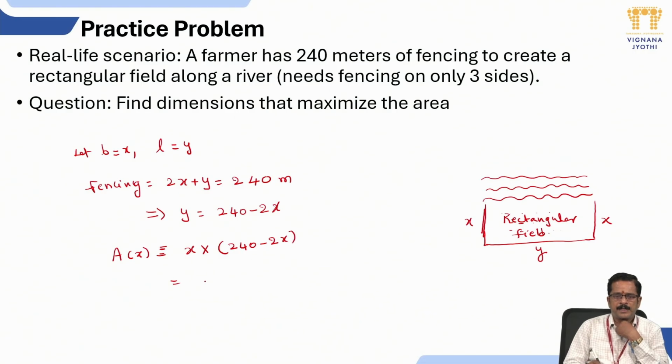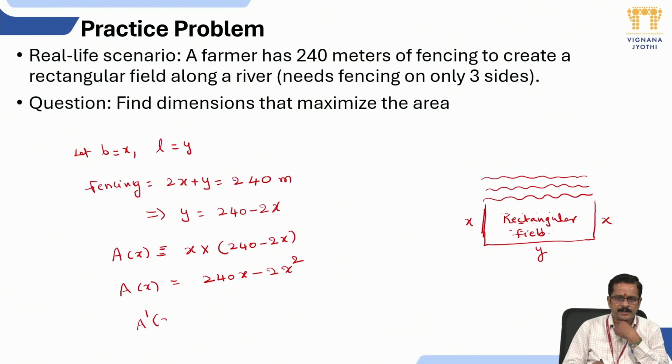Multiplying, the area function is 240x minus 2x squared.